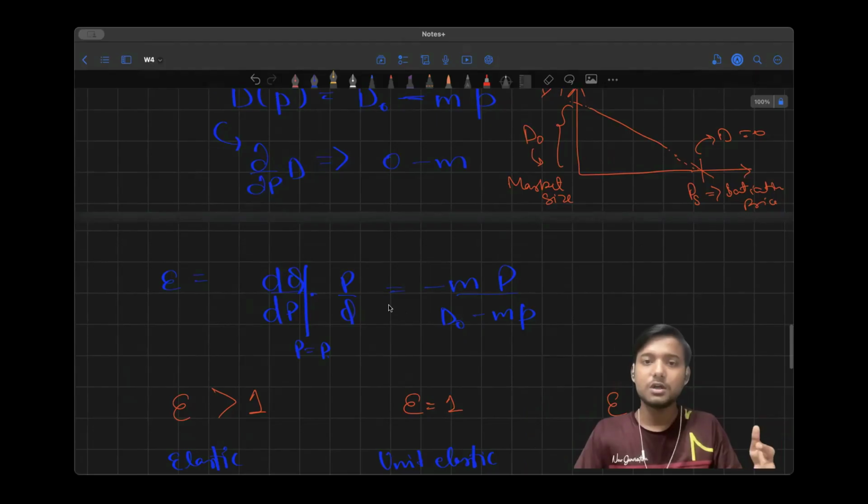That is how we do it. We know this nature by default: if my demand is increasing, price needs to fall; if my price is increasing, demand needs to fall. Therefore, we only need the magnitude.